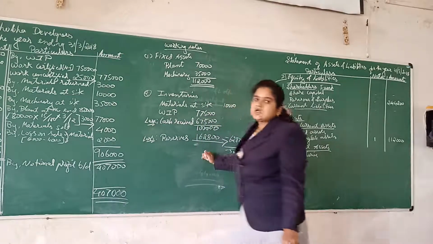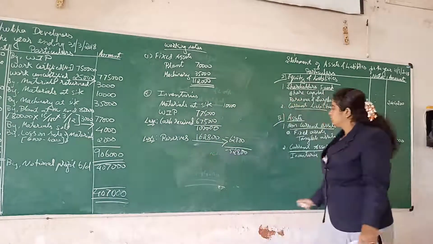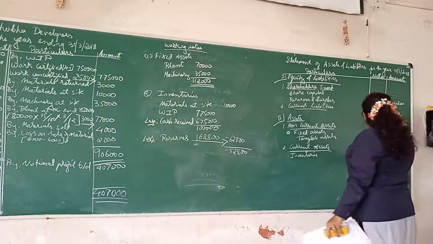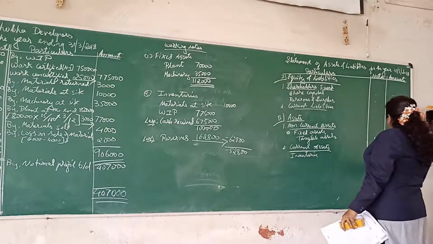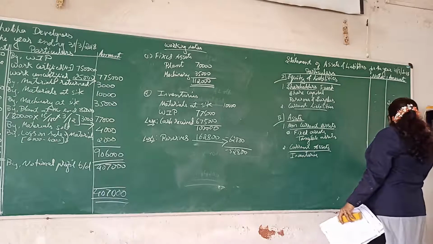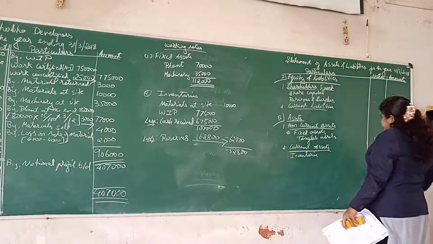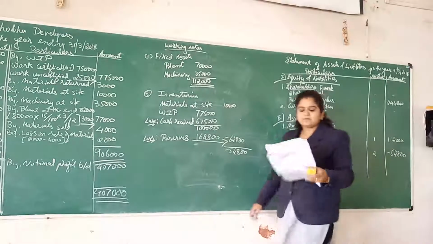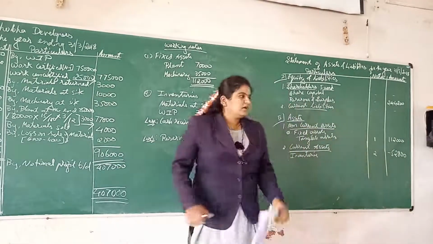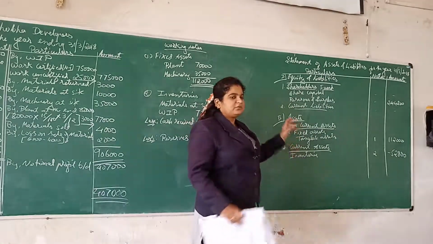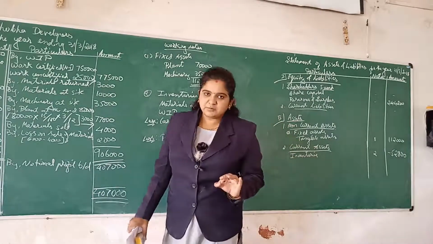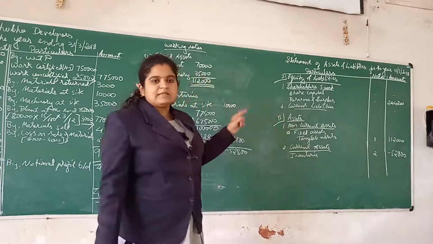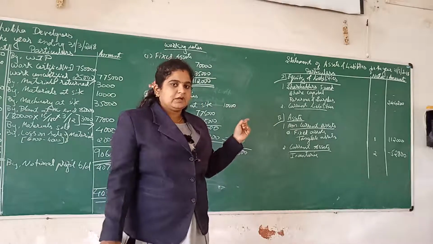So this amount has to be shown over here. Minus 52,800. Okay. As full information about assets as well as liabilities is not given in the problem, we cannot tally the balance sheet.